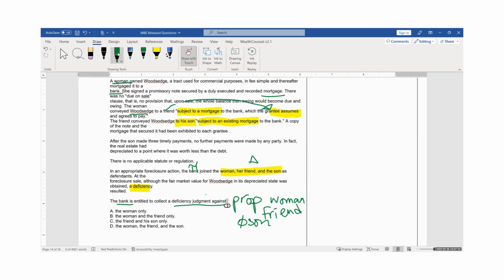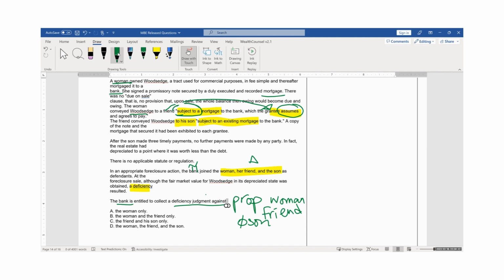If you had been going through and doing the application of the law with the terms, which the issues they were testing you on are assuming the mortgage and taking subject to, if you had gone through the analyses for those two subtopics, then you should have taken note that the woman and the friend are the responsible parties.